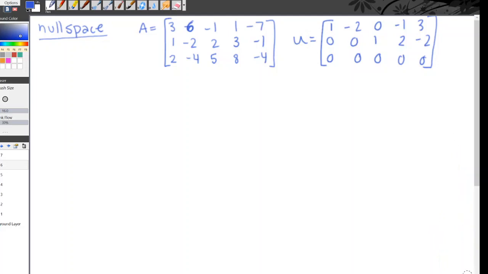Okay, so let's talk about finding the null space. And specifically, we're going to be eventually finding the dimension of the null space. So finding the null space basically boils down to solving a homogeneous system of equations, right?